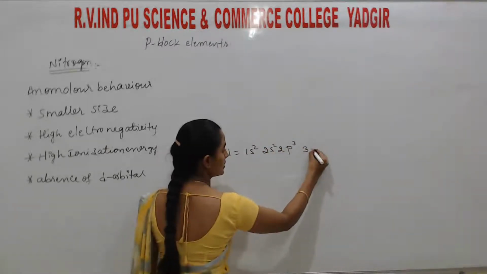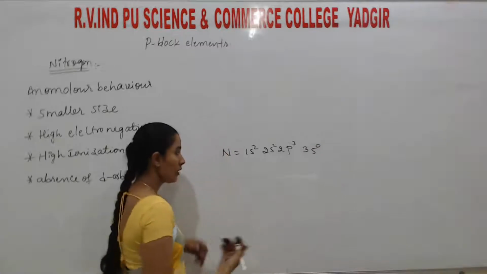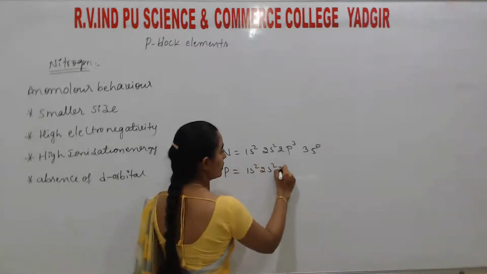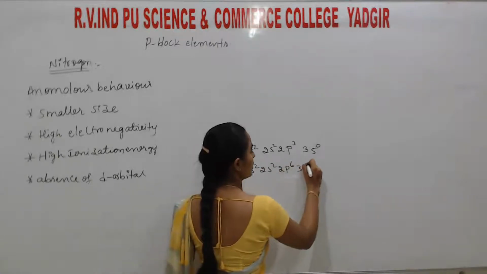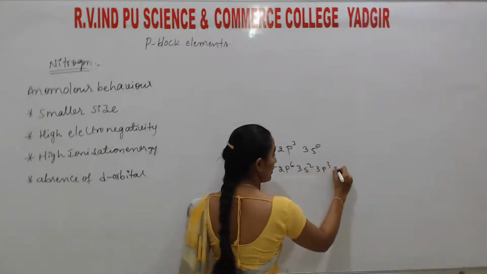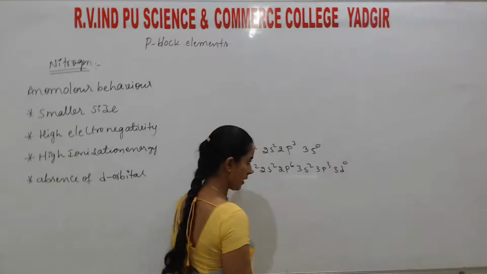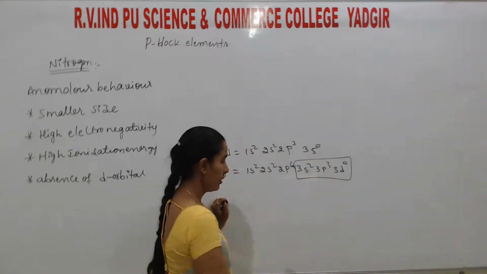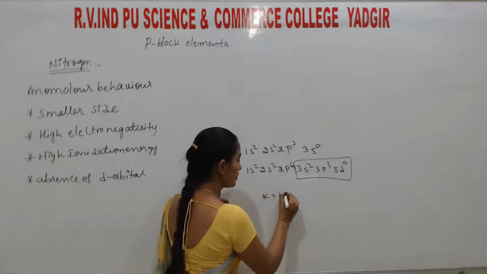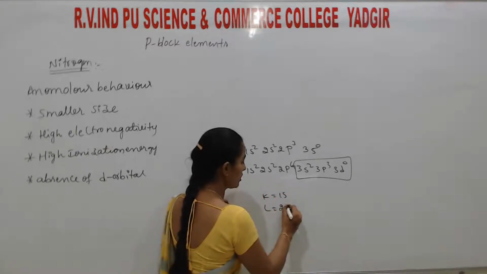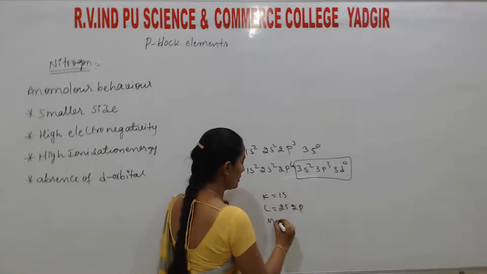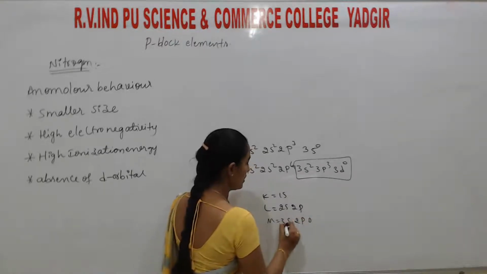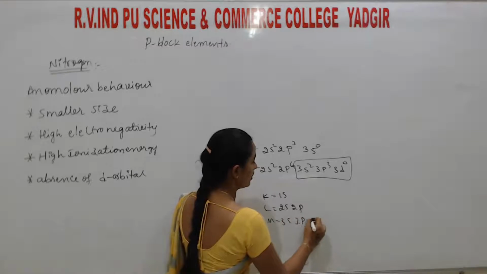The next is 3s0. If you consider phosphorus, that is 1s2, 2s2, 2p6, 3s2, 3p3, but the same 3d0 is there. In the same shell, it has a d orbital. For example, K shell means 1s, L shell means 2s, 2p, M shell means 3s, 3p, 3d.